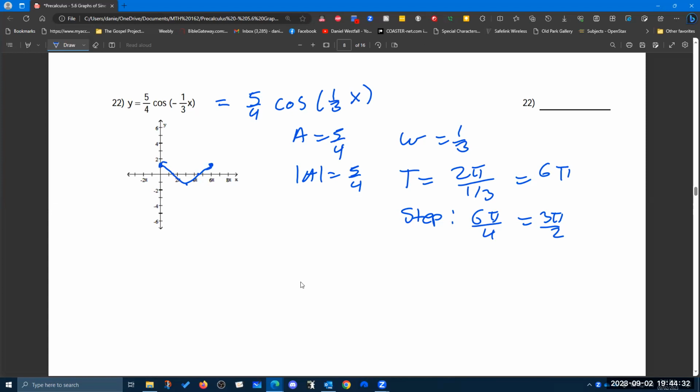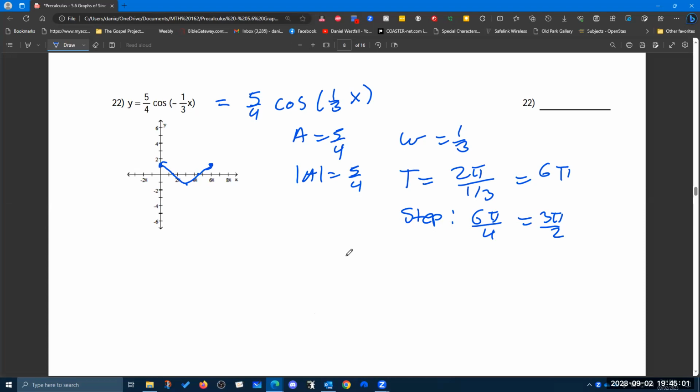Again, you can use a graphing utility to help you make your graphs. I would highly recommend it, especially something like Desmos, where you can see those maximum and minimum points. And you can see the relationship between A and omega, and later on when we get to phi and B, you can see what all of them do.